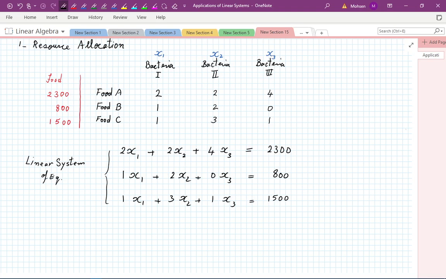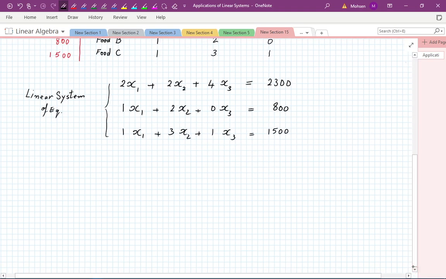Okay, so what do we do with this thing? We go ahead and convert it to a matrix. So of course 2, 2, 4, 2300 is my right hand side, and 1, 1, 0, and 800, and then 1, 3, 1, 1500. That's on my right hand side. And then I go ahead and solve this thing.